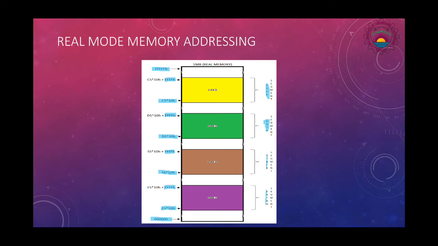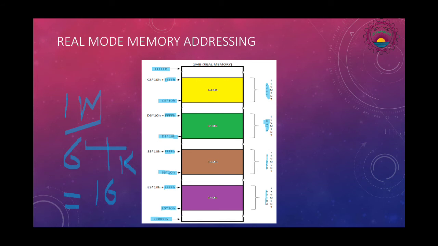As you divide 1 megabyte by 64K, then you will get which number? 16. You will be getting 16. So there are 16 segments possible within 1 megabyte memory, each of 64 kilobytes.